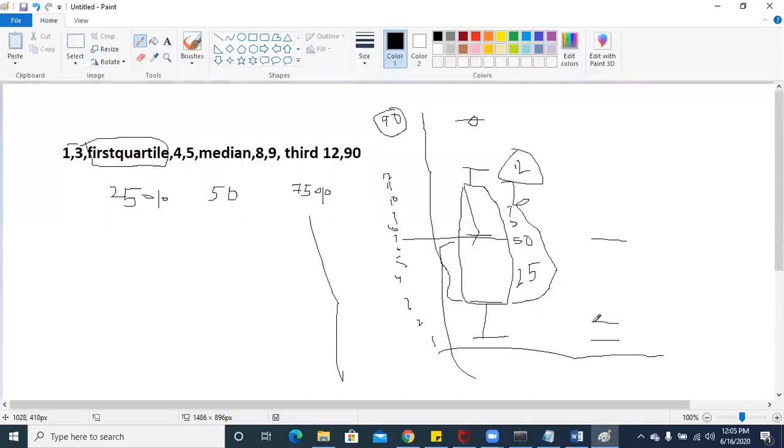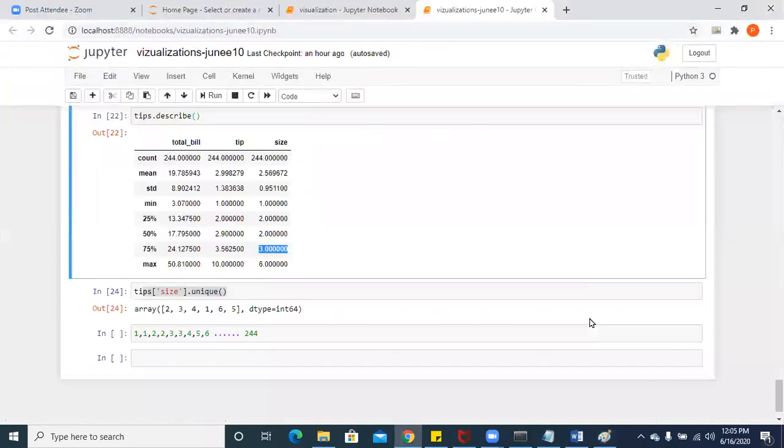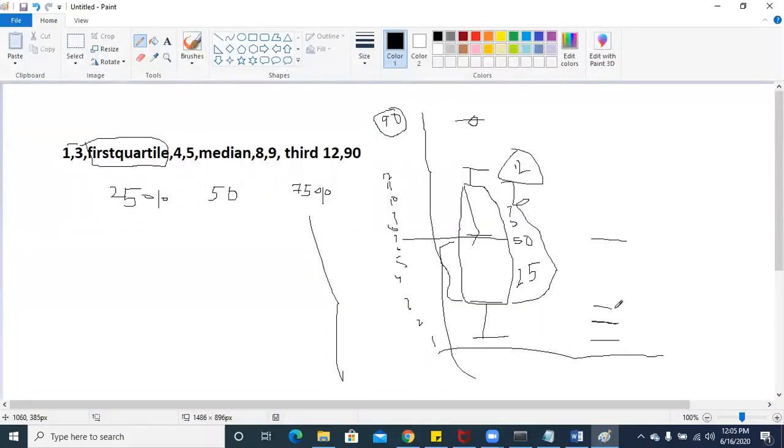Median is also 2. 75% is 3. So the box plot for just the size can be like this.